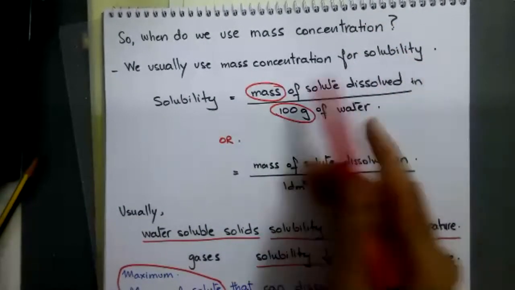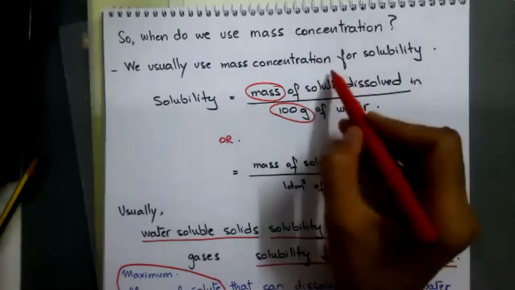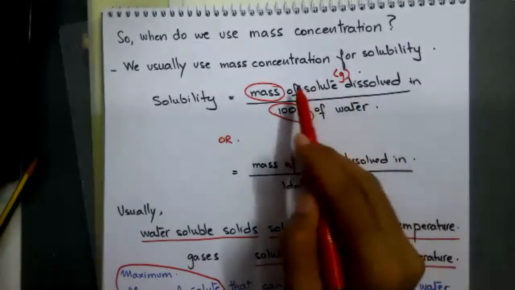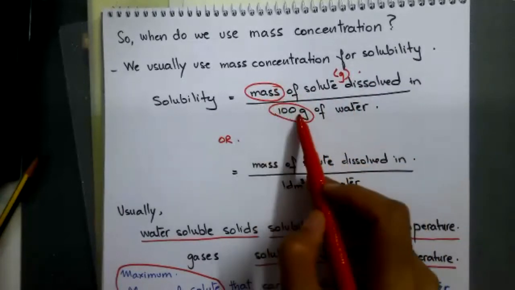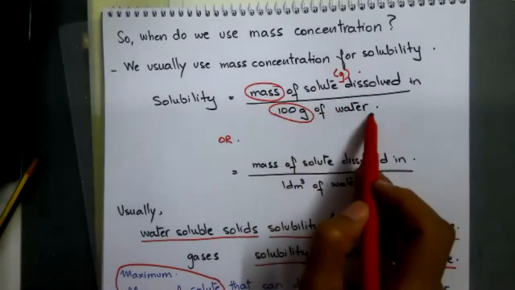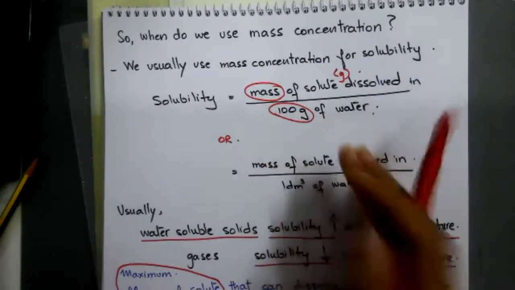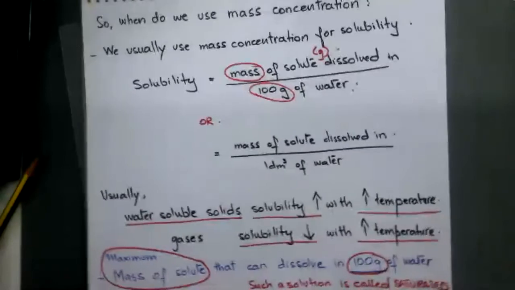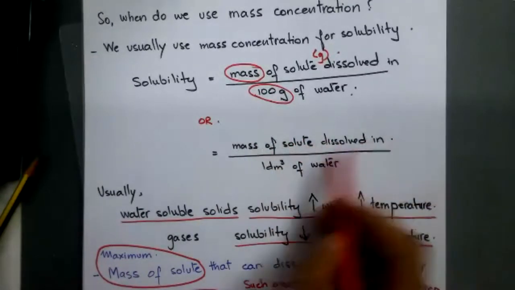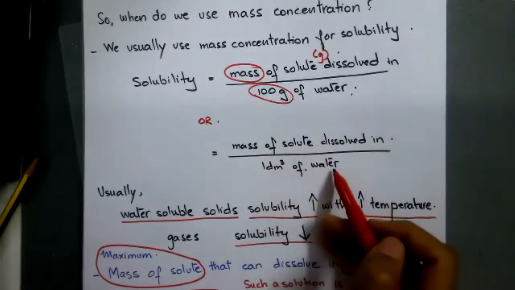Solubility is easy. It is the mass of solute in grams that dissolves in 100 grams of water. So notice that we are using mass for both solute as well as solvent, right? But this is not the only way we write solubility. We can also write solubility in terms of mass of solute dissolved in volume of the solution or volume of solvent.